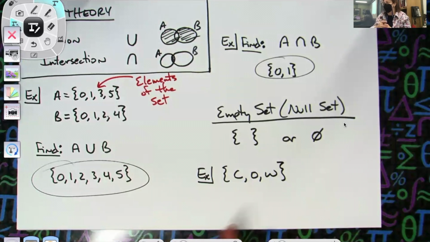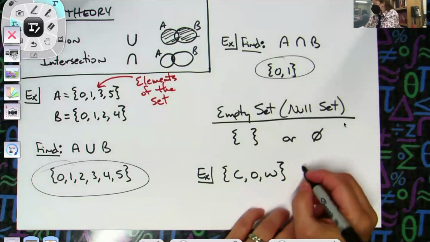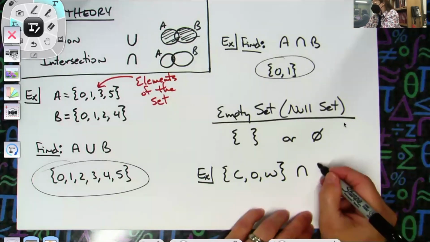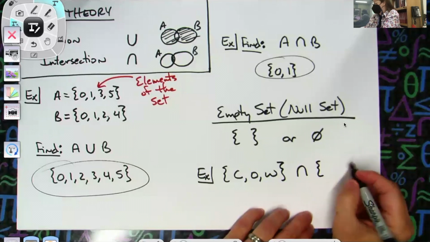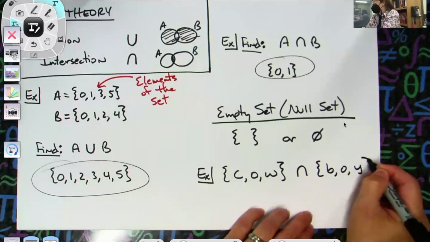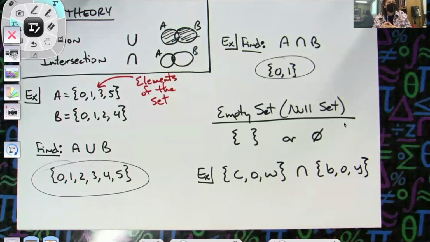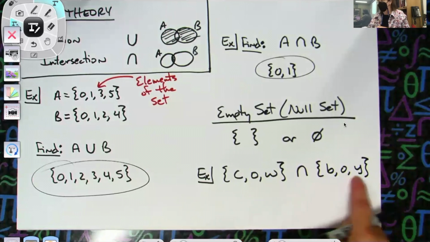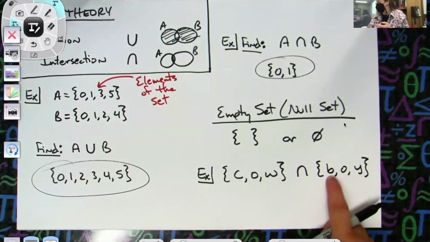So that set right there consists of 3 letters, 3 elements, C, O, and W. Now let's say that we're going to intersect that with the set that is boy. So again, yes, I spelled out a word in there, which is what your book does. Makes it a little bit more confusing. But basically all this is a set that's got 3 elements in it. They happen to be letters, B, O, and Y.